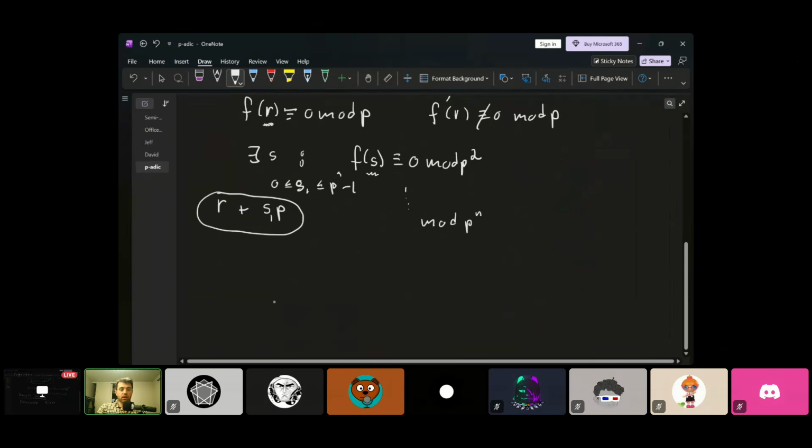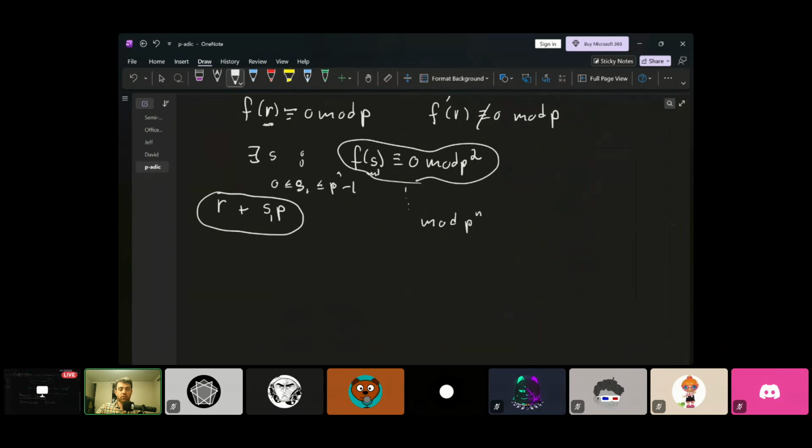And so you can see the point is that whatever this S1 is that you get, this becomes a root mod p squared, and when you reduce mod p, you recover the root that you started with.